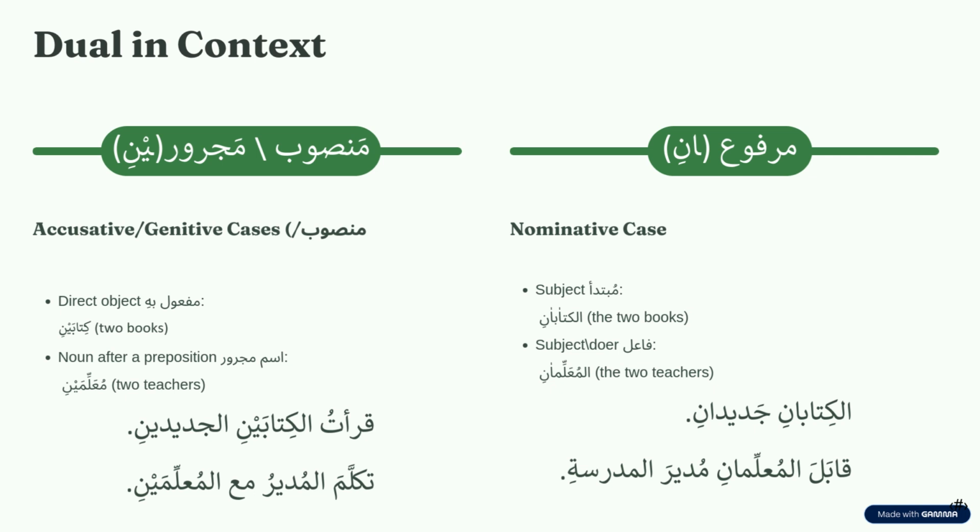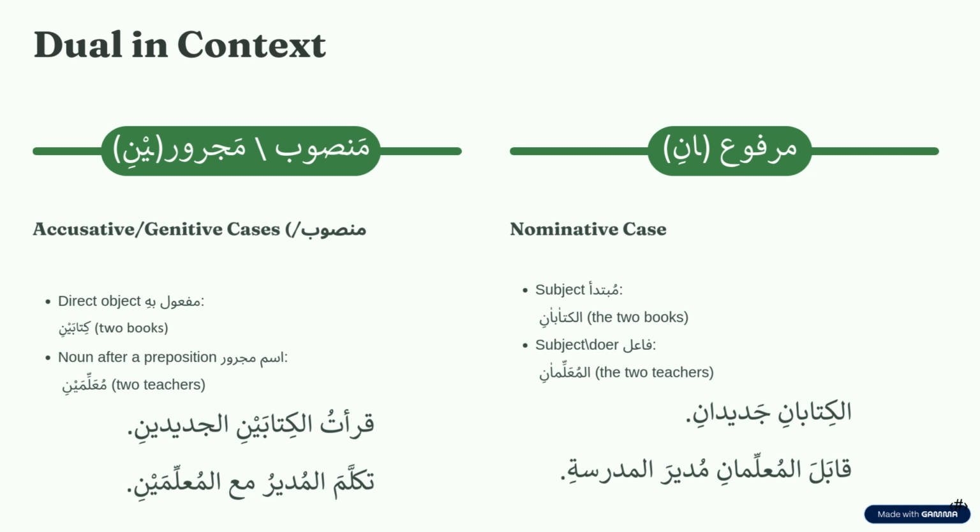And on the other hand, say كتابين if that's the direct object, مفعول به, or خبر كان, or if it's مجرور because it's the noun after a preposition, or maybe مضاف إليه. So we have قرأت الكتابين الجديدين. So I read the two books, so they are مفعول به, so they need to be منصوب.